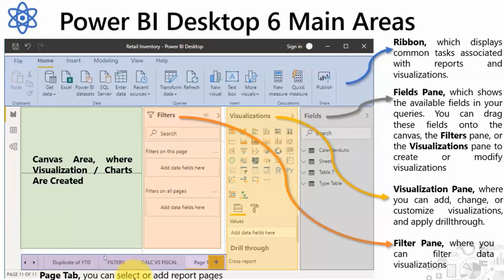For example, I have three to four pages and I want to filter with one particular category, like one country, India. I want to see all pages developed with the India filtration. In that kind of scenario, use filter on all pages. Here it is; you are able to see it right here. So the filtrations we can perform here.